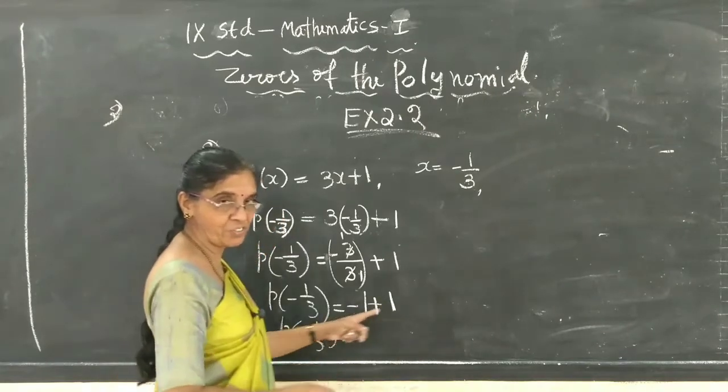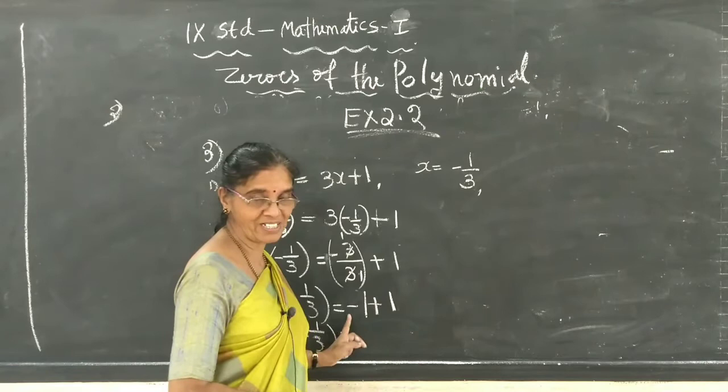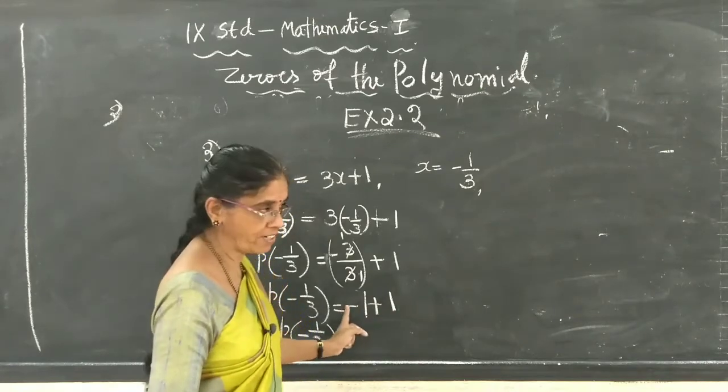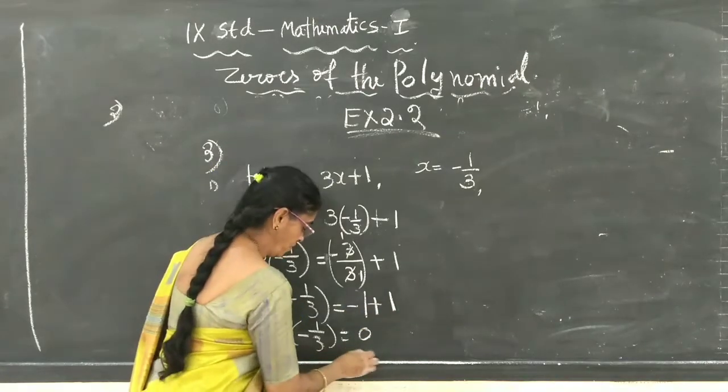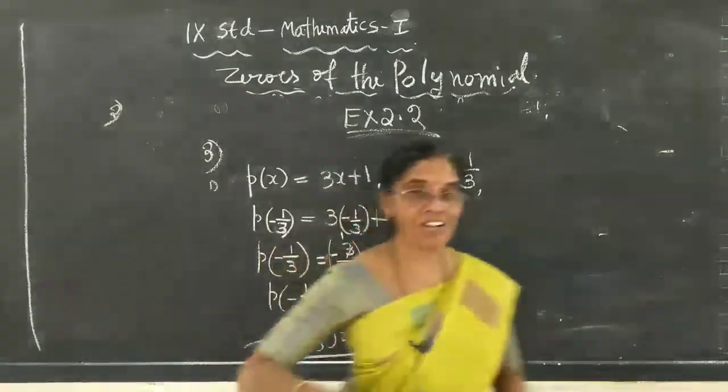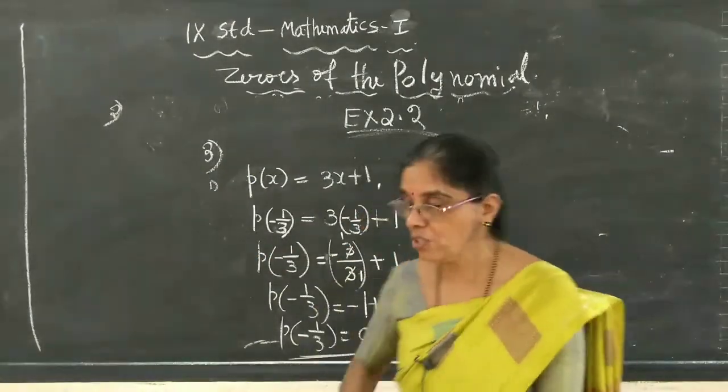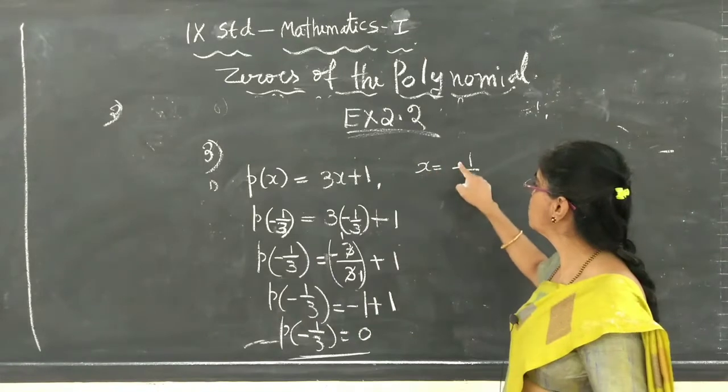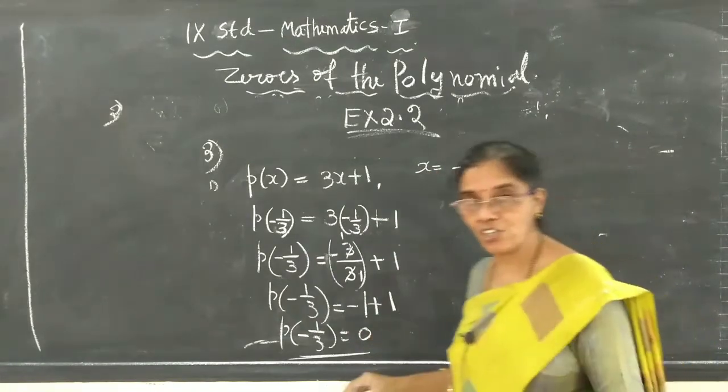Even though we have to add, one has got a plus sign, one has got a minus sign, so you have to find the difference. 1 minus 1 is 0, so the value is 0. Now we got the value of the polynomial as 0. So x is equal to minus 1 by 3 is a 0 of the polynomial.